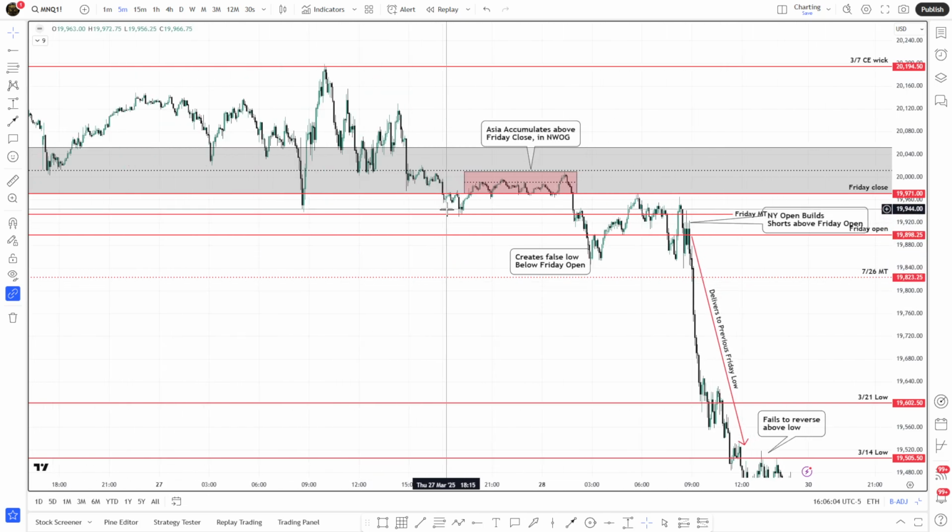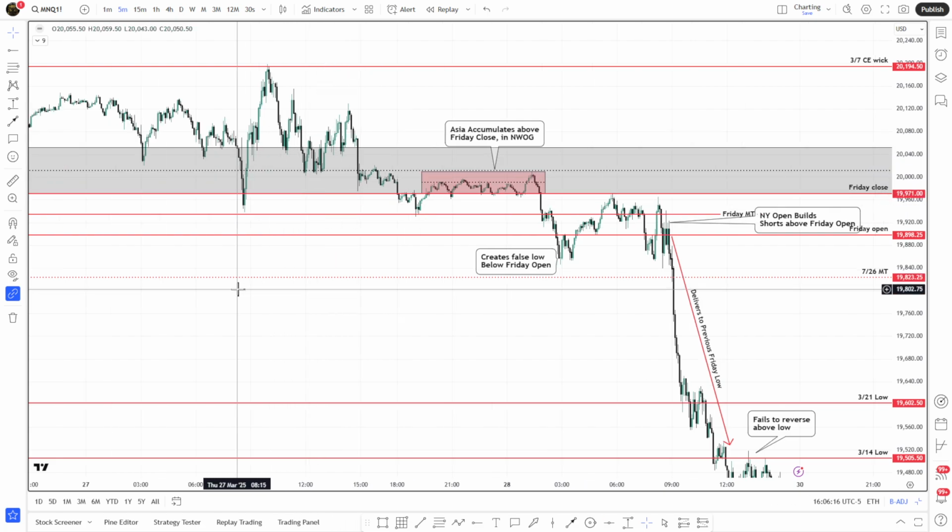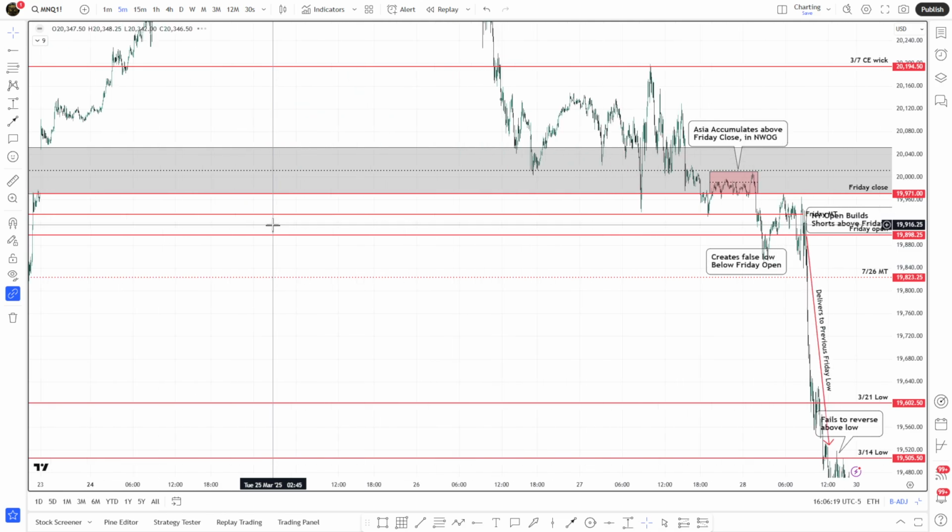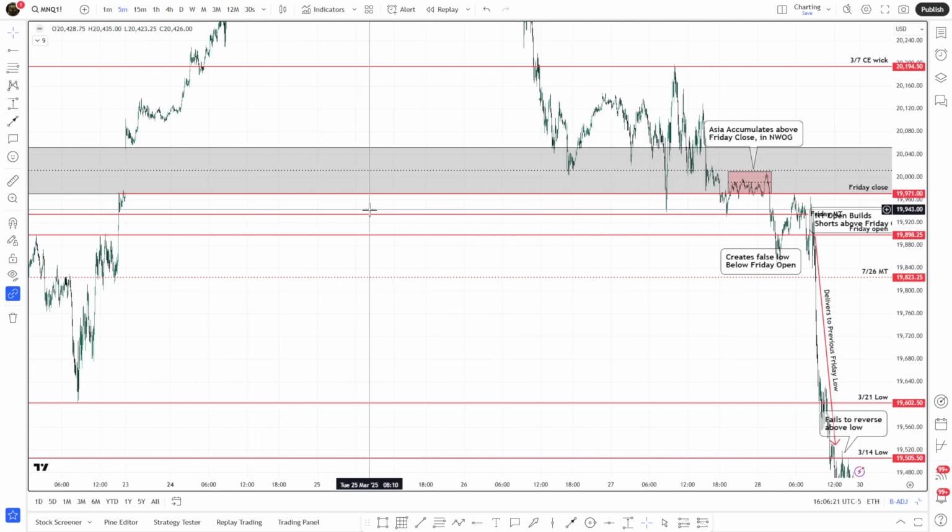So market opens, and I believe it opened up right here. Again, notice Thursday fills in a good part of this new week opening gap from the gap up Monday.